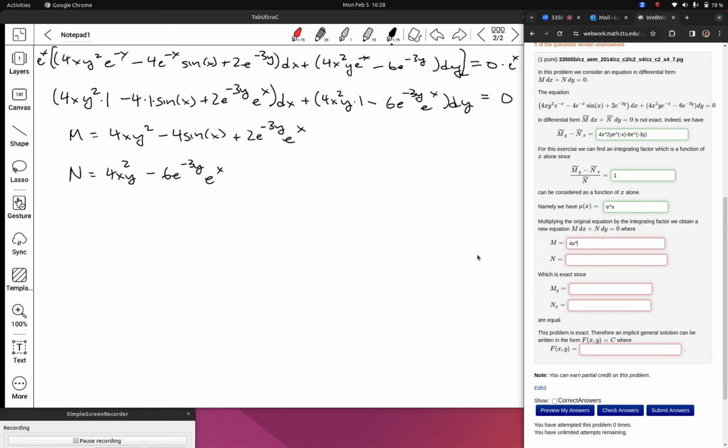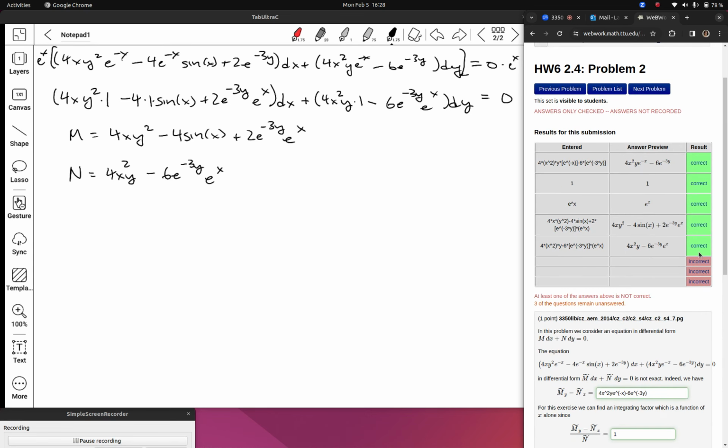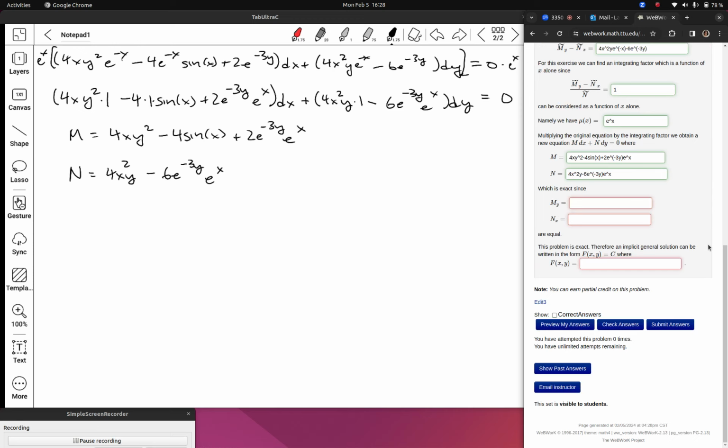So the first one is 4xy squared minus 4 sine of x plus 2e to minus 3y e to x. And 4x squared y minus 6e to minus 3y e to x. Let's see if that went in all right. And it did. I didn't make any typos, so that's great.